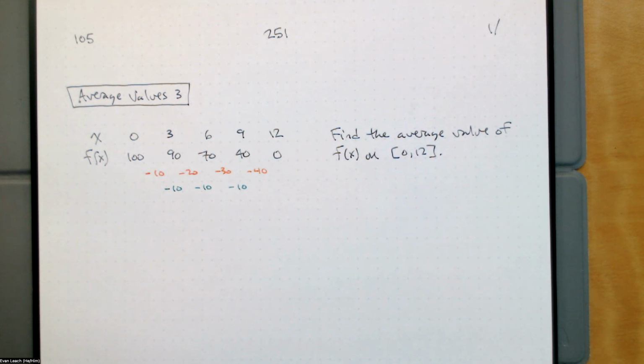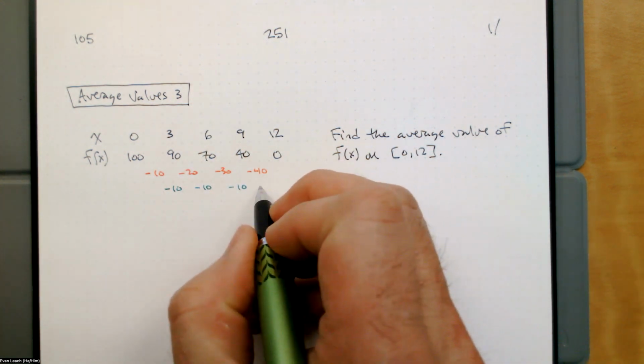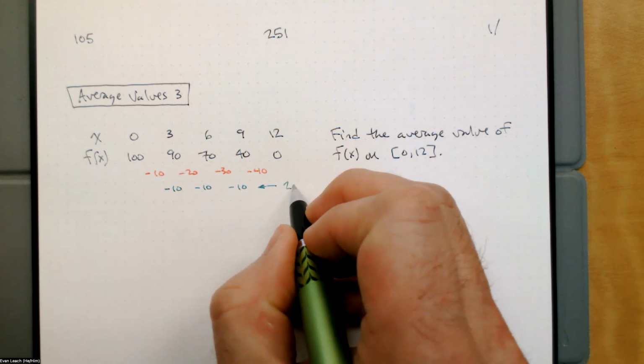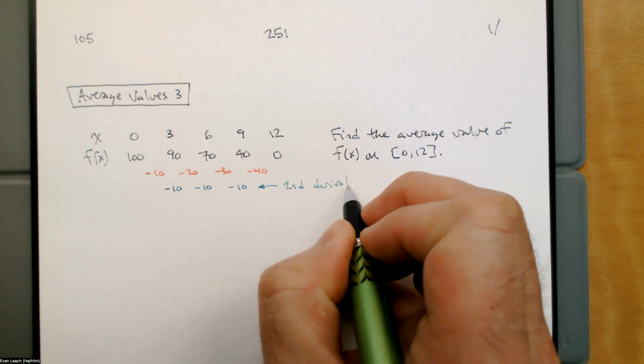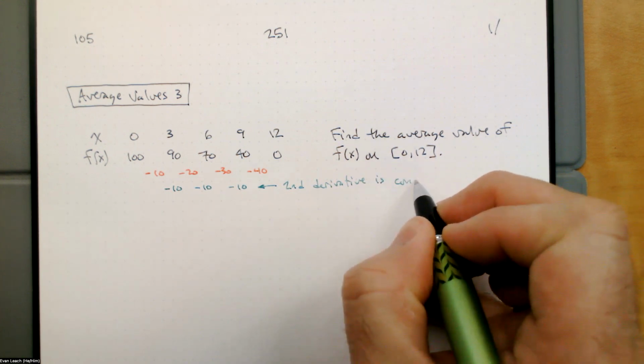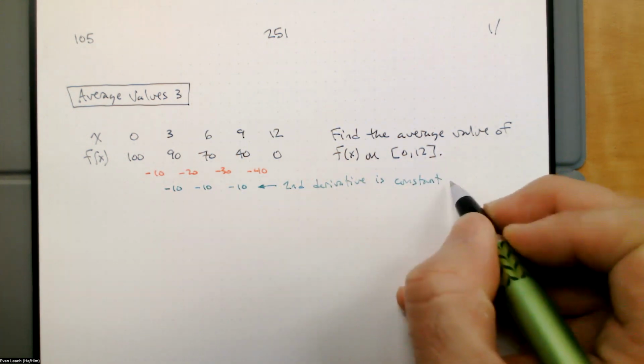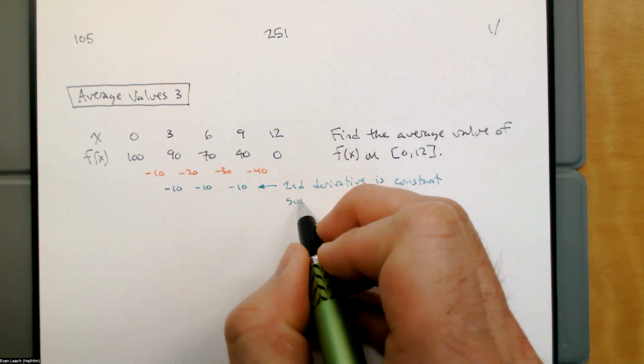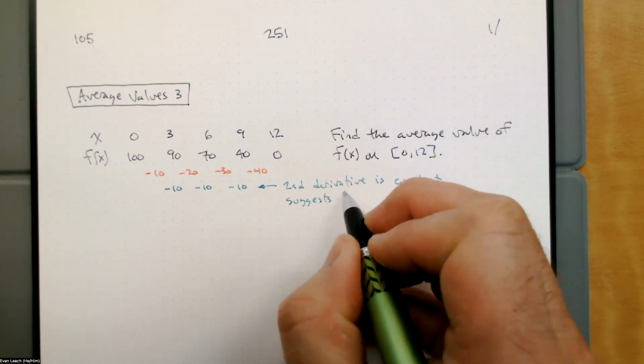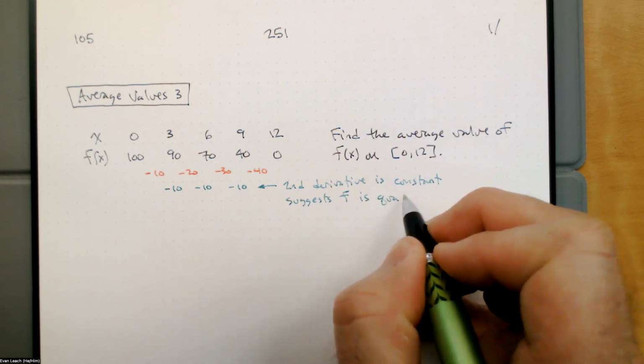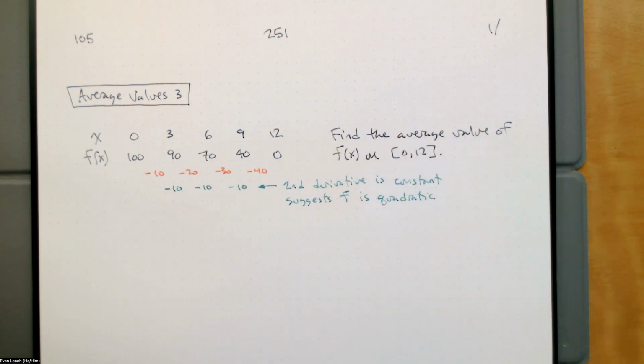So if there's this decreasing quadratic function, we can see that the second derivative is negative. So we know that this function is concave down. So we know a lot about this function right away. One thing we do want, it's suggested that the function f is concave down.